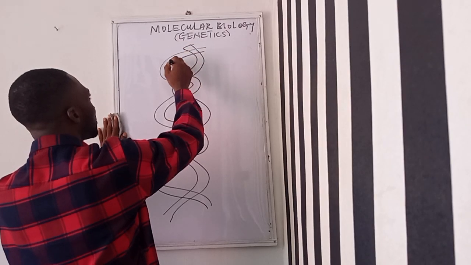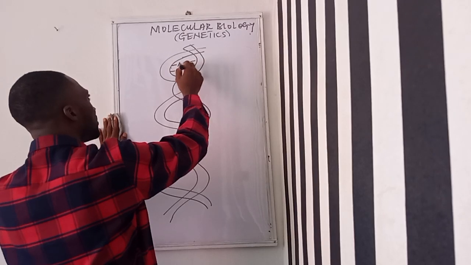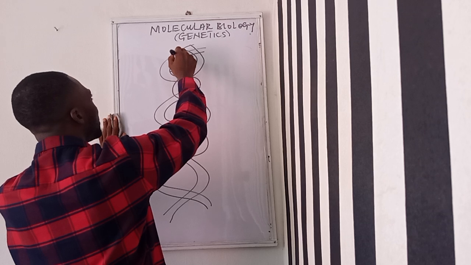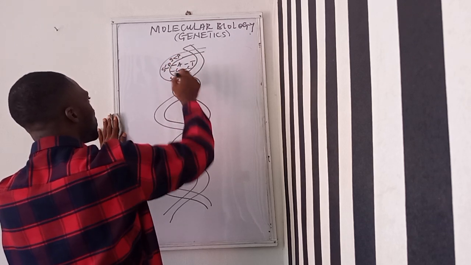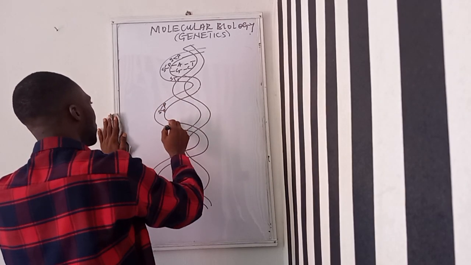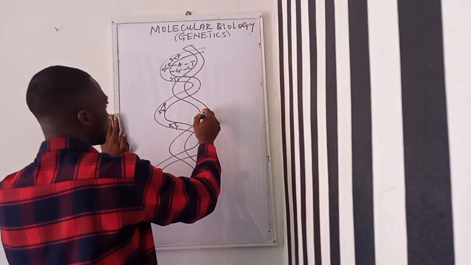So in this case, you see that the bases are found here. Then you now have the backbone. So within these strands, you see the backbone, the DNA backbone.